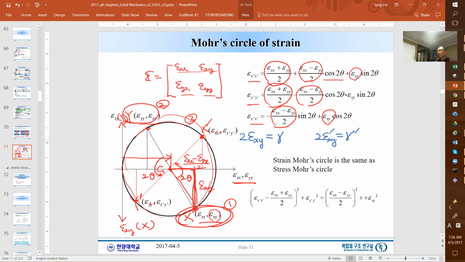So please don't be confused by this. This is called engineering shear strain, gamma, and epsilon xy is just the simple mathematical tensor strain. That could be the only difference depending on the definition. Other than that, strain and stress transformation is exactly the same.